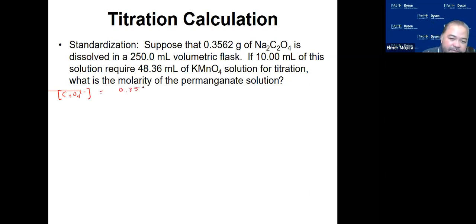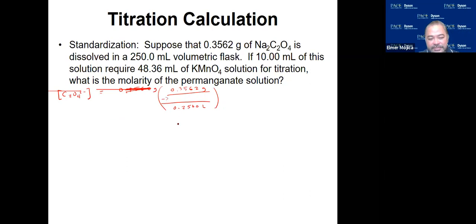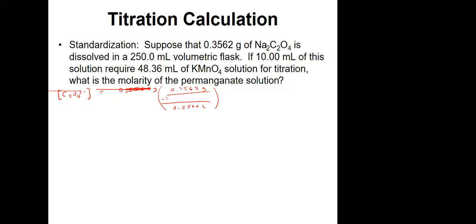So 0.3562 grams, you divide it by what? Anyone? And divide it by 0.250 liters. So what's the value that I need here? Molar mass? Okay, the molar mass. Very good.